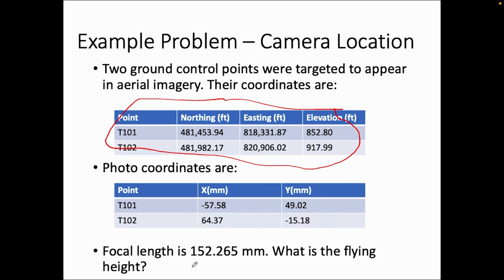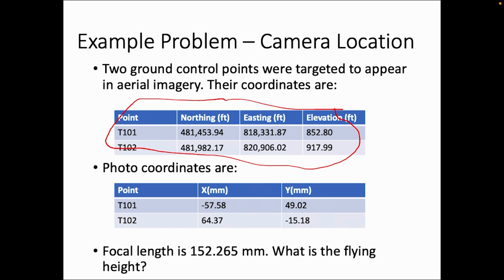In this case, we're just looking at the height. In reality, the photogrammetric software solves for the 3D position of the camera as well as its orientation. But for now, let's just look at this height problem. What we want to do is calculate the distance between these points on the ground and the distance between these points in the photo, and then use that mathematical relationship that we had before.